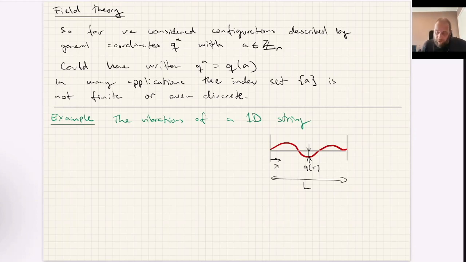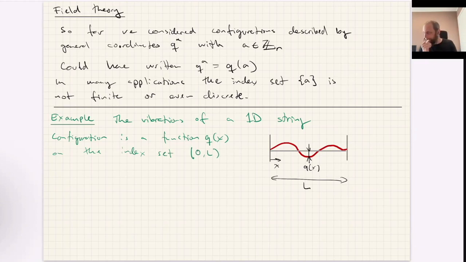So in this case, the configuration is a function q of x on the index set, which is now the interval 0 to L, rather than just being a discrete set of integers.